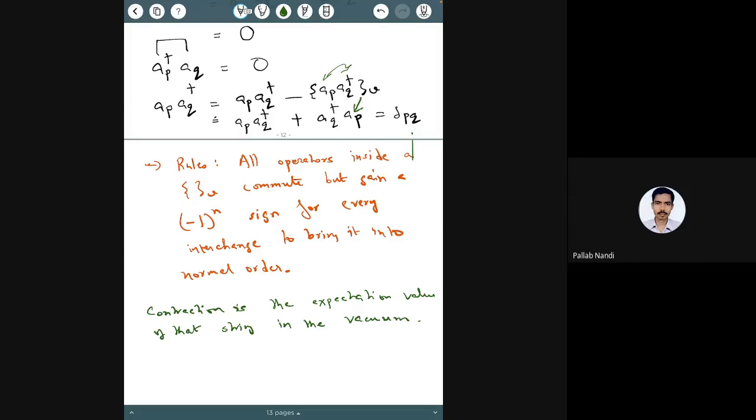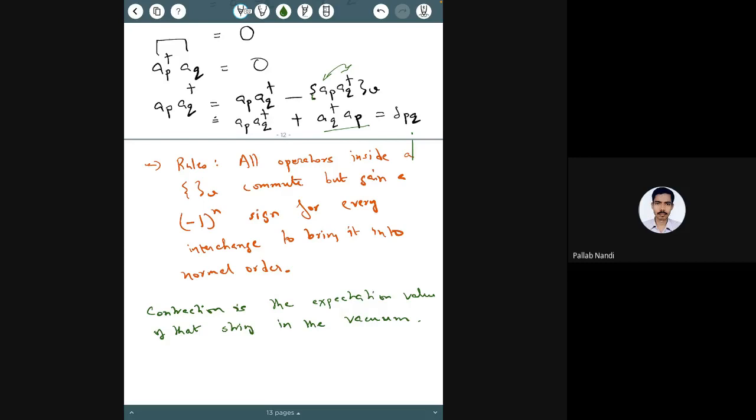In normal order, yes. So that's the normal ordered form. Here I have not yet normal ordered because I've kept the bracket, which means that operation remains to be done. It has not been normal ordered.